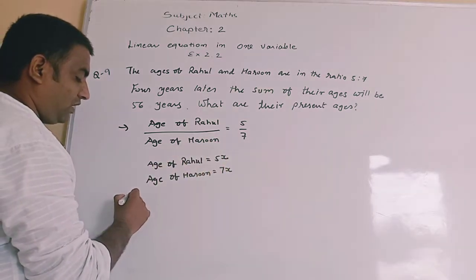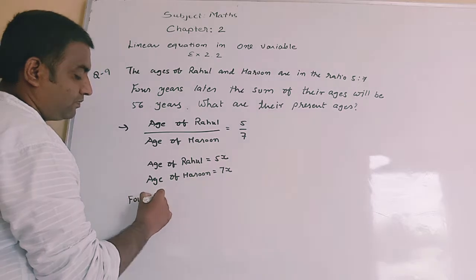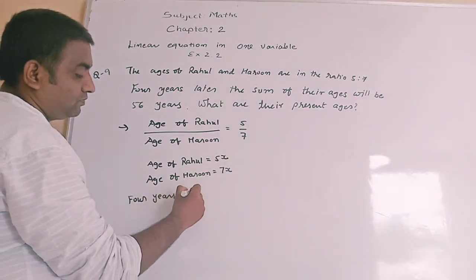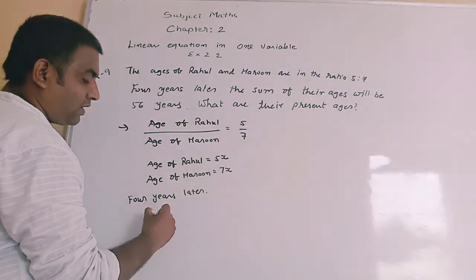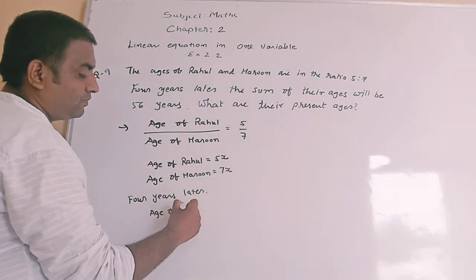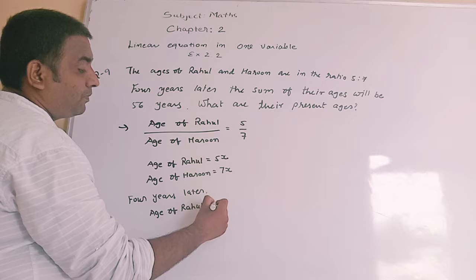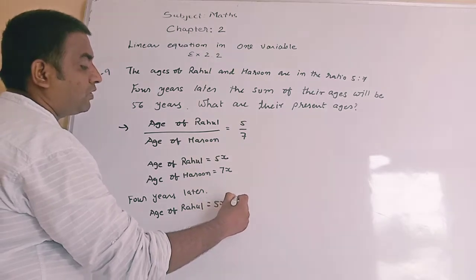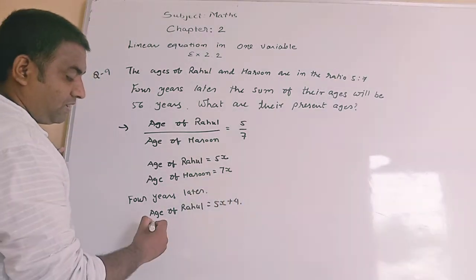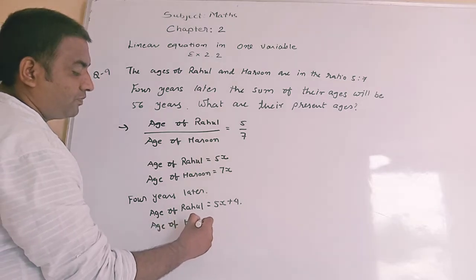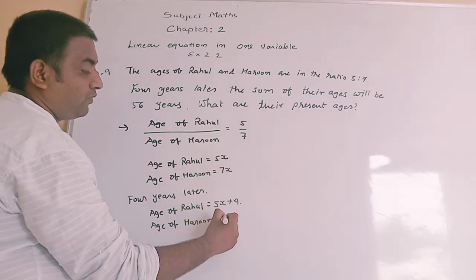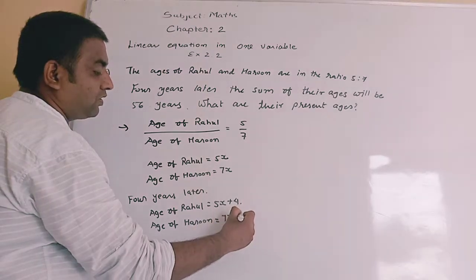So 4 years later, the age of Rahul will be 5x plus 4, and age of Harun will be 7x plus 4.